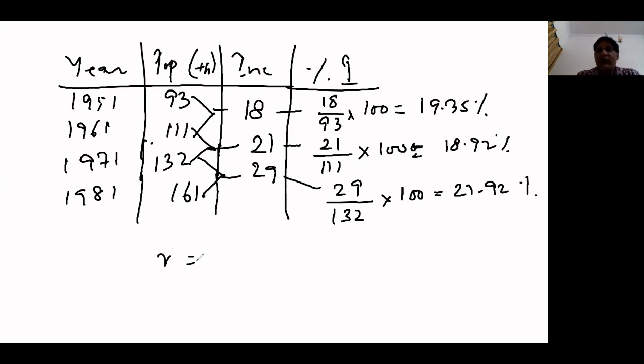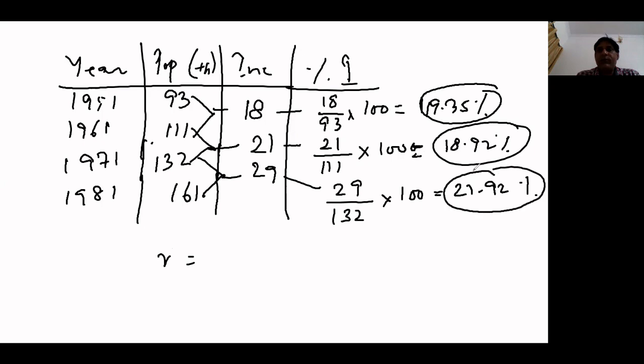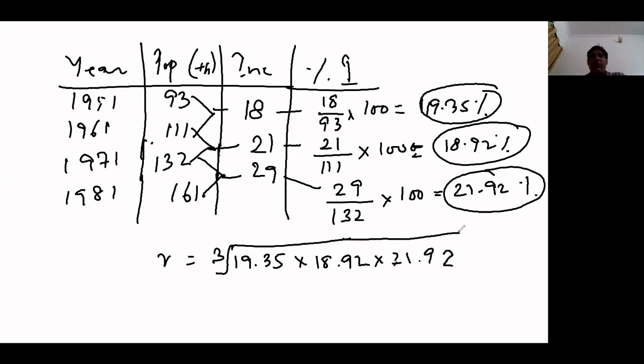Now, what is the rate? You've got three values. So it will be the cube root of 19.35 into 18.92 into 21.92. I hope you are all getting my point.